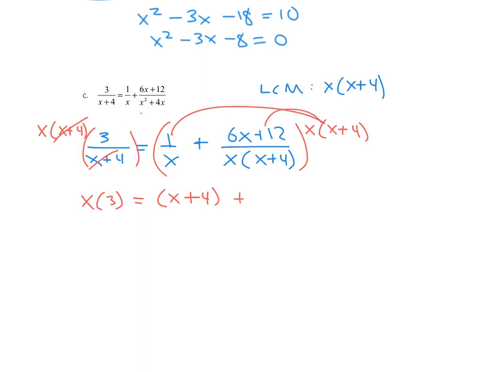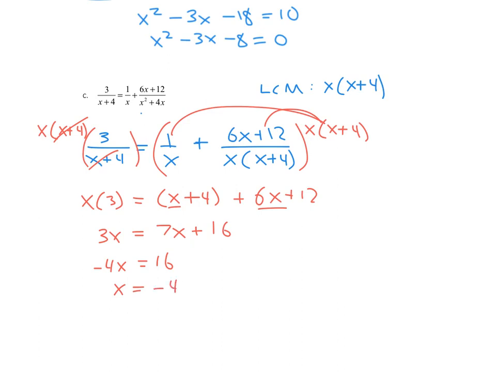And then for the next part, the whole x and x plus 4 cancel, and we just get 6x plus 12. And then we go from there. So we get 3x equals, I'm going to combine like terms, 7x plus 16. And subtract 7x, we get negative 4x equals 16. And x equals negative 4.